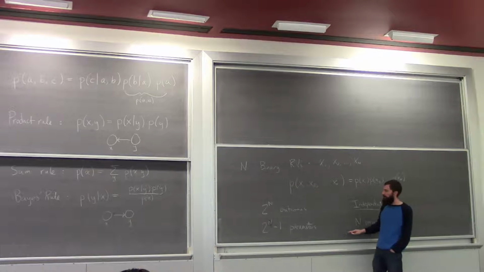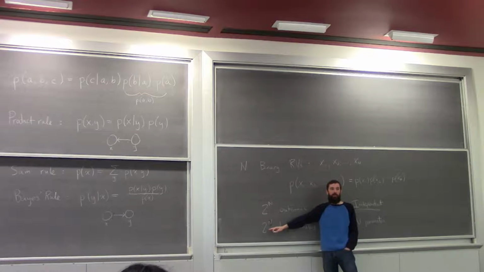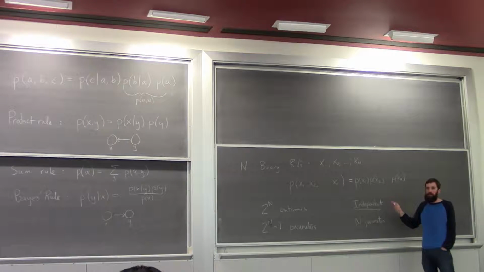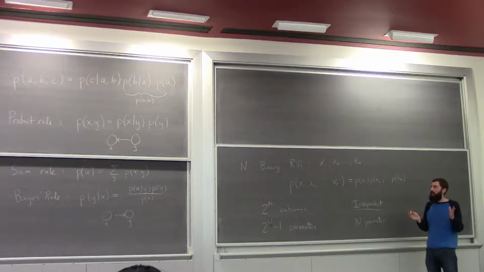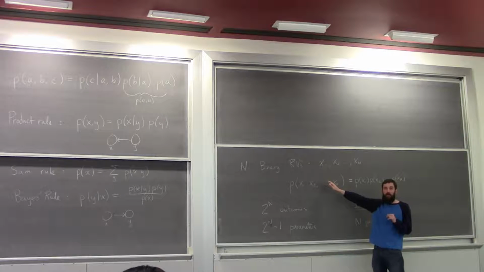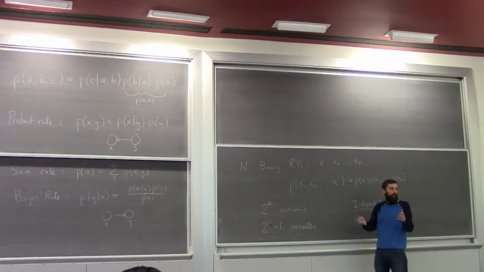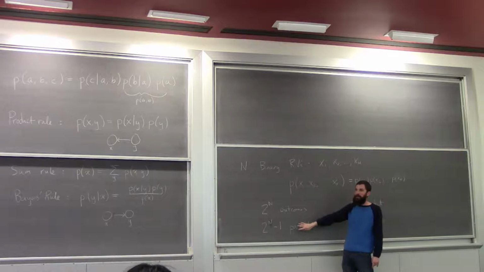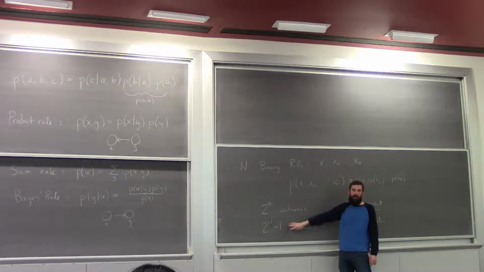This is O of N, this is O of 2 to the N, so this is exponential, this is linear. So if I'm going to do inference on a set of N binary random variables, trying to infer what the probabilities are, and I don't make any assumptions about how those variables interact with each other, I've got a really nasty complexity of the things I need to estimate.